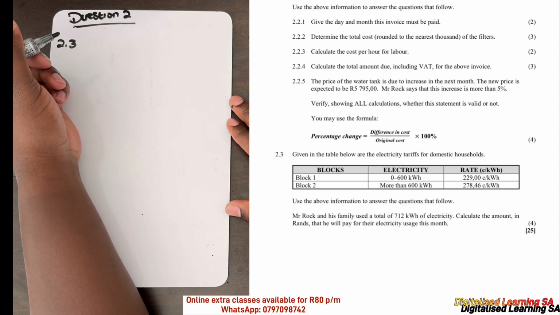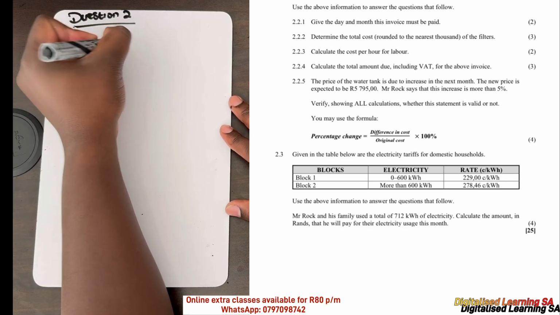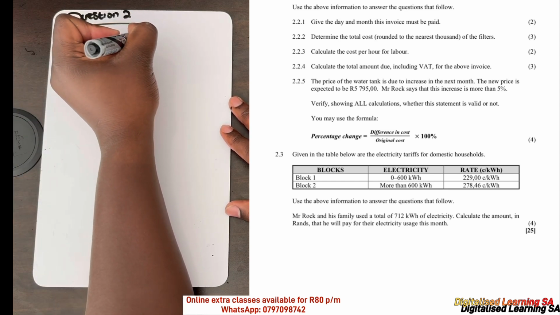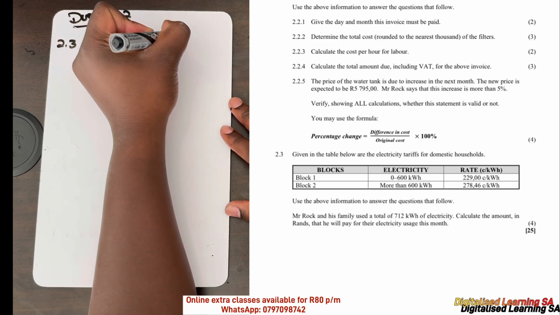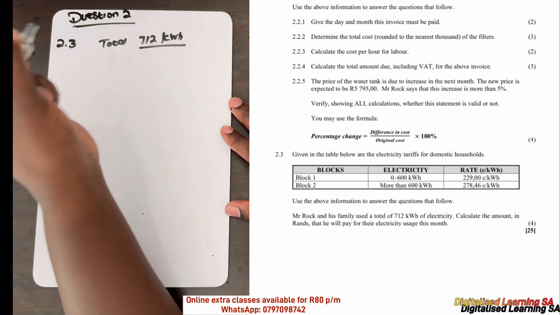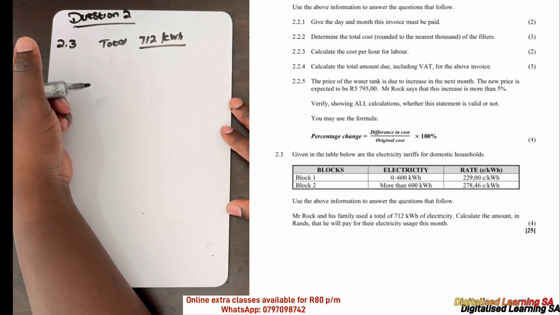So we can just state the total tariff. So the total will be 712 kilowatts. So this will be the total. Okay, so now we need to calculate the cost in rands. If we check, our rate is given in cents. We can see that it is 229 cents.